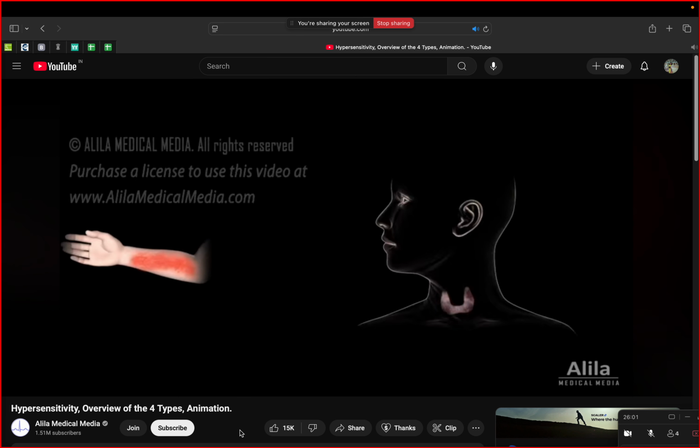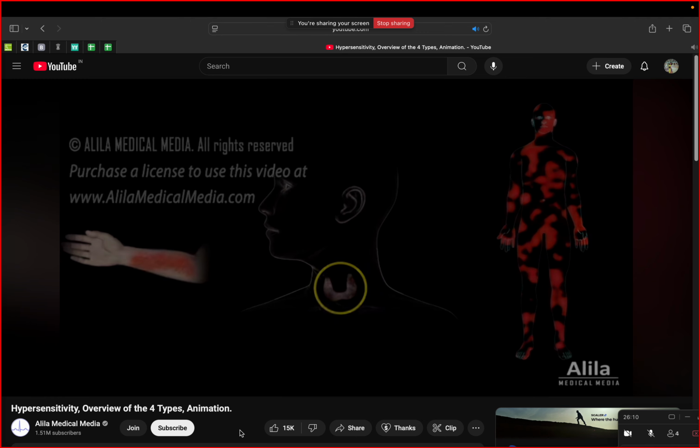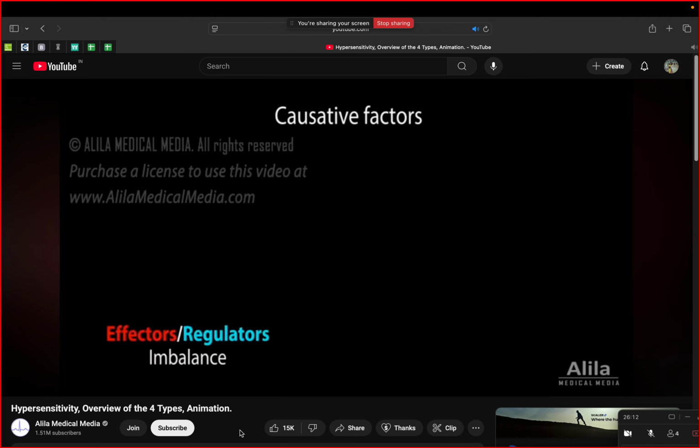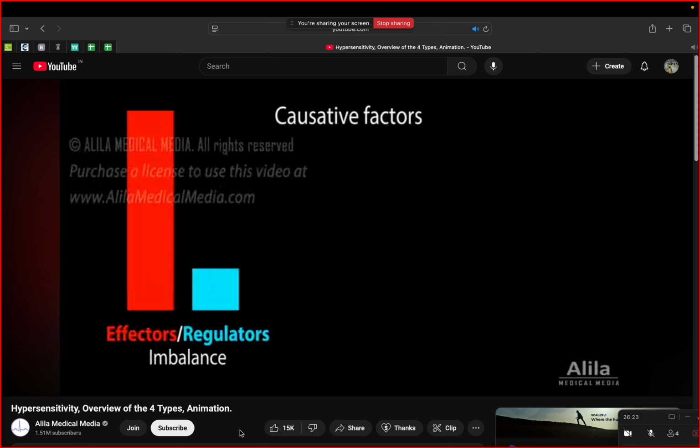Reactions can range from a mild rash to damaged organs to fatal anaphylactic shock. There are two principal groups of factors contributing to hypersensitivity: imbalance between effectors and regulators of immune response.